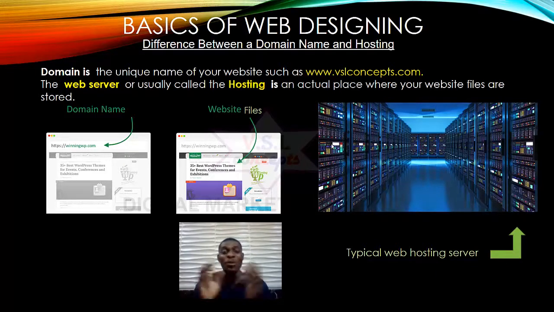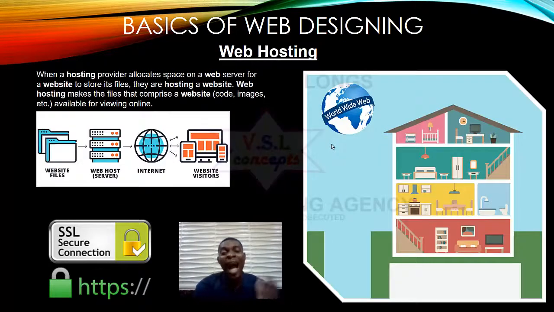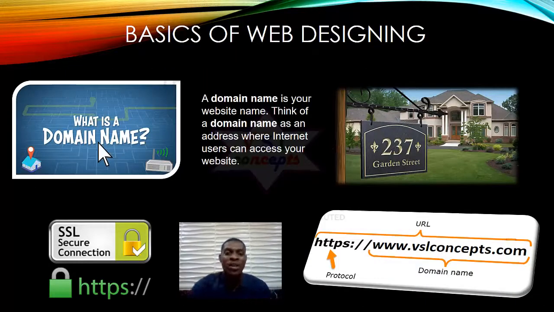A security guard. That is what we call the SSL security. We'll be going into details understanding what all of this means. But I just want you to understand that the protocol is exactly how the files are what? Transmitted. You see that this protocol here is what? HTTPS, security. Somewhat HTTP, no security.